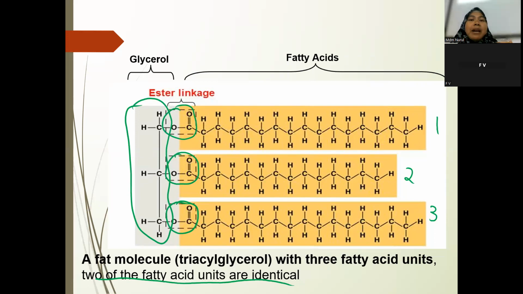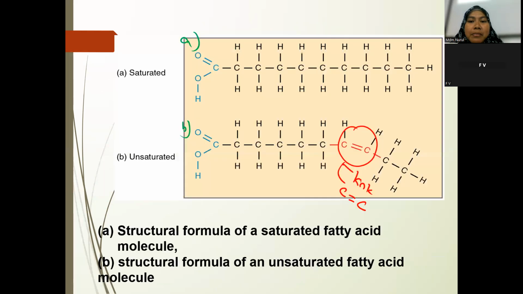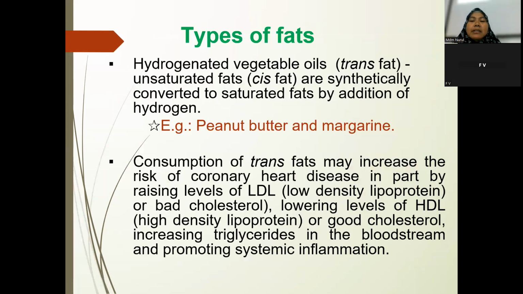All of them are saturated because you can see none of the fatty acids have a carbon to carbon double bond. Tak ada. Okay, faham? Very good. So, settle yang tu.